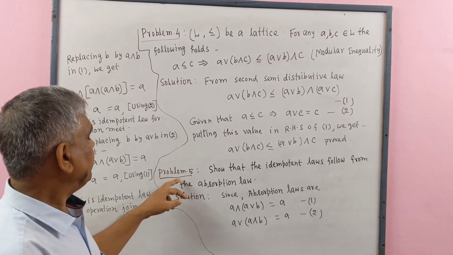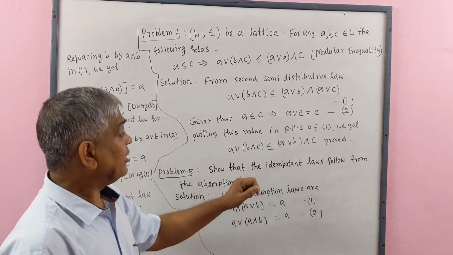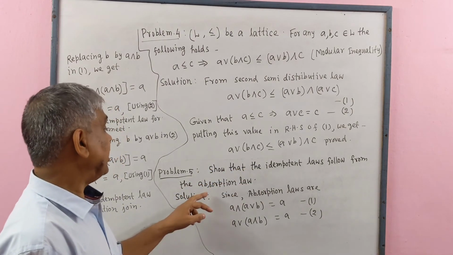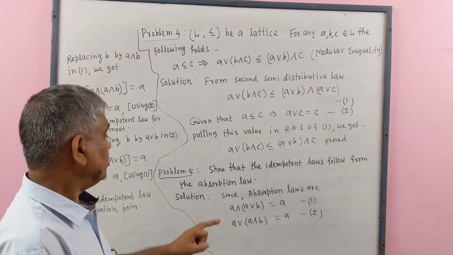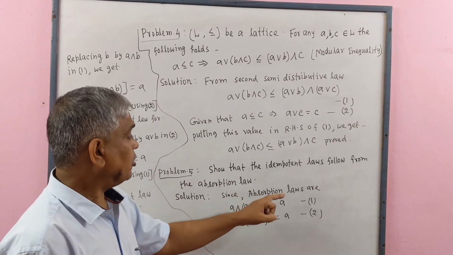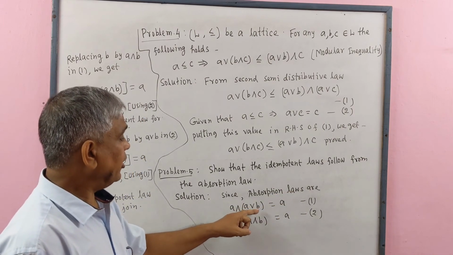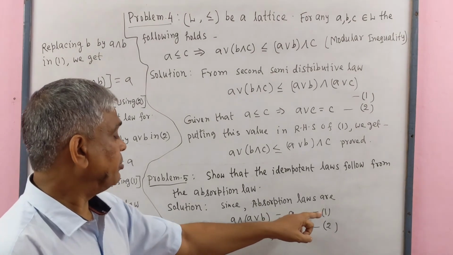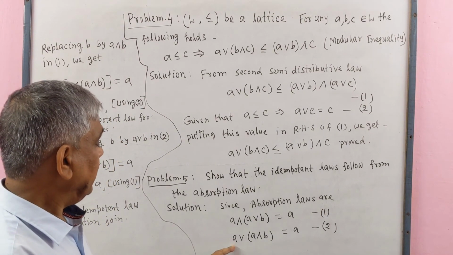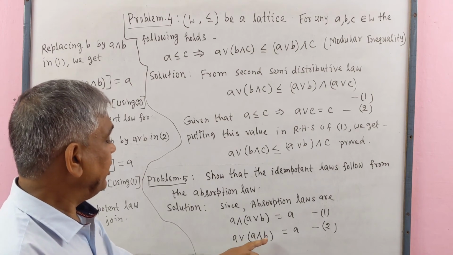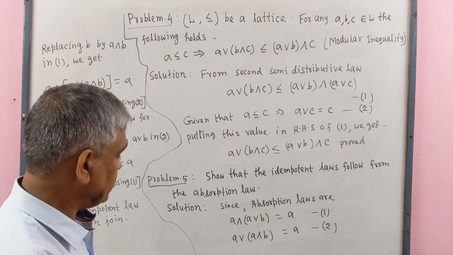Now we solve problem number 5. The idempotent law follows from the absorption law. We know that the absorption laws are A meet (A join B) equals A, this is number 1, and A join (A meet B) equals A, this is number 2. These are the two absorption laws.